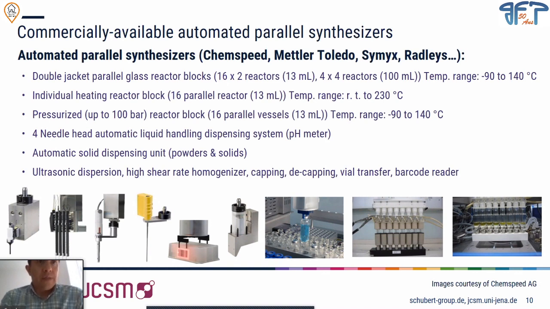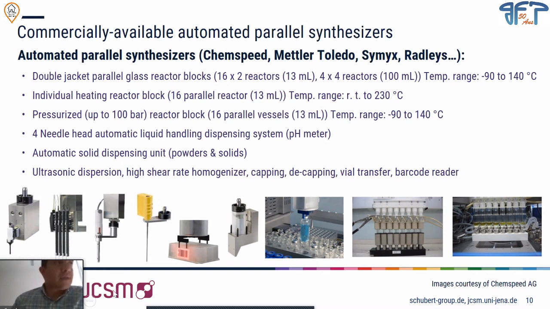And the companies have developed different, very useful tools to handle different kinds of substances or to transport vials from one side to another side of the decks. For example, here I show you the solid dispensing units on the very left side. Then comes the liquid handling with up to 4 needles. Nowadays they have up to 8 needles, for instance, so you can go faster to dispense different liquids.